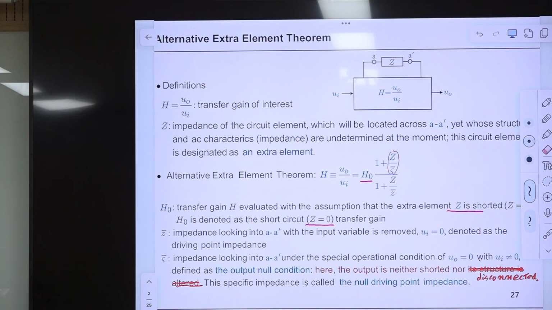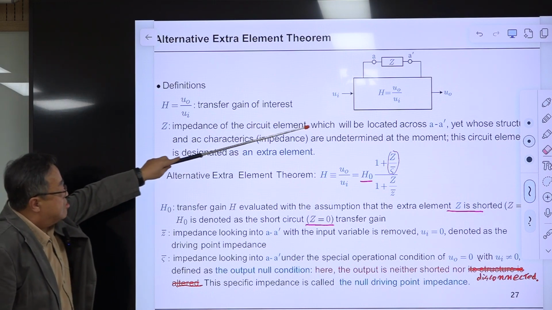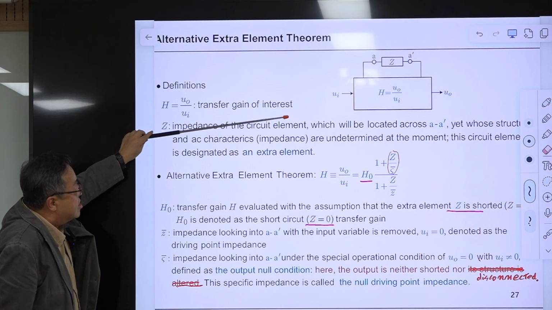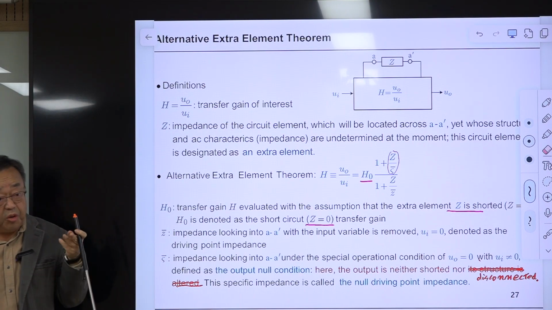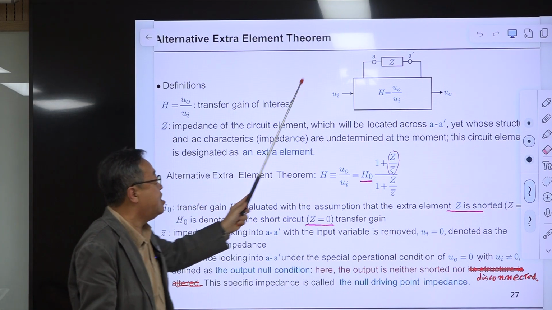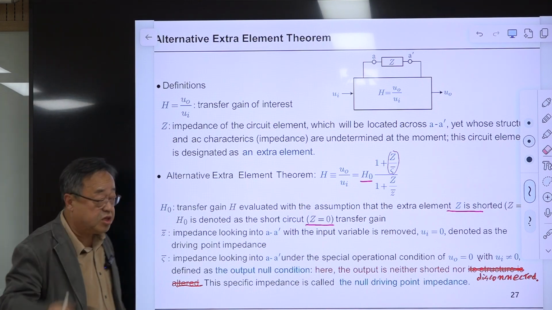So this is the alternative extra element theorem. Everything remains the same, and this is the same. The transfer gain of our interest can be any pair of circuit variables. Maybe it is the input voltage and output voltage as in the previous example.